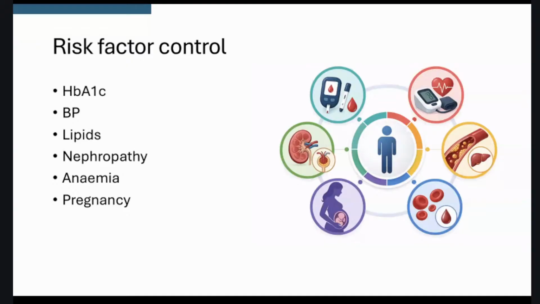So it's important that we don't treat the sugar in isolation. And then with anemia, you can get chronic hypoxia and an increase in VEGF. And diabetic nephropathy is closely linked to diabetic macular edema because you have microvascular disease in your kidneys, and you probably have microvascular disease in your eyes. And so those are closely linked.